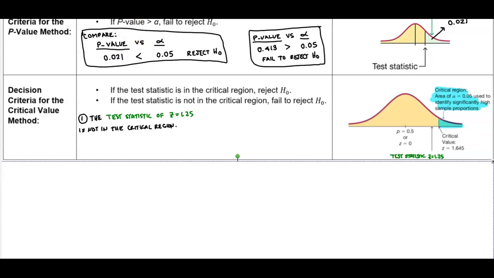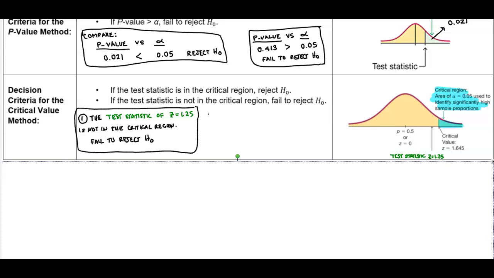Now, again, looking at this scenario, if the test statistic is in the critical region, we reject the null. But this test statistic is not in the critical region, so we would say that we would fail to reject the null.